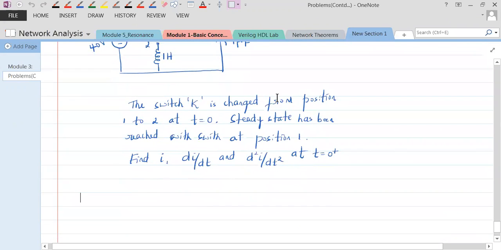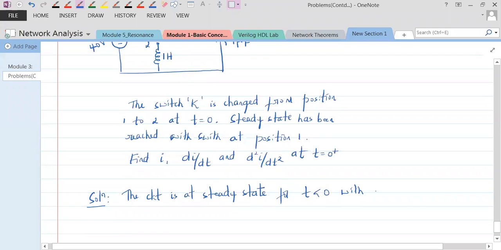Let's say all the things that we have understood from the problem statement. The circuit is at steady state for t less than 0 with the switch at position 1.